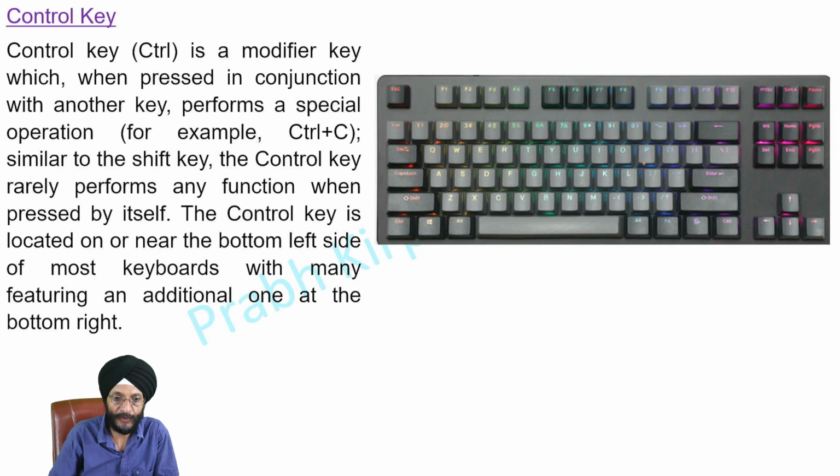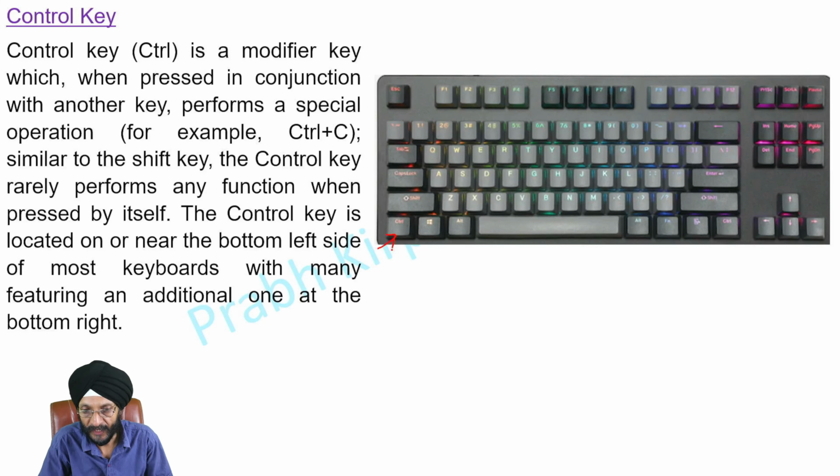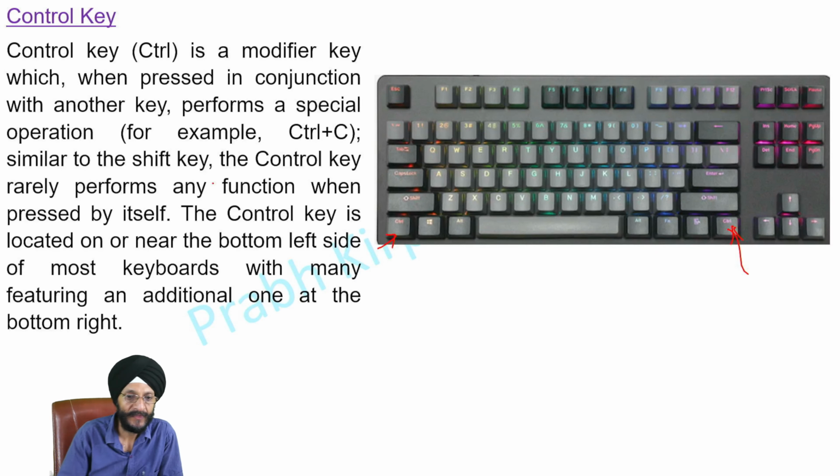Now comes the control key. This is the control key. Here it is also a control key. It is a modifier key which, when pressed in conjunction with another key, performs a special operation.